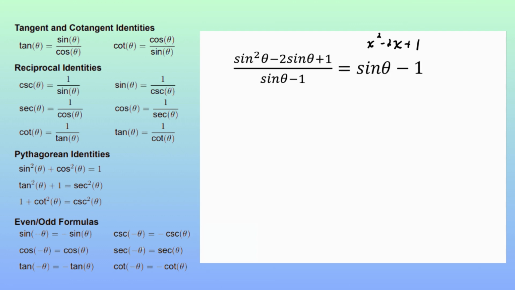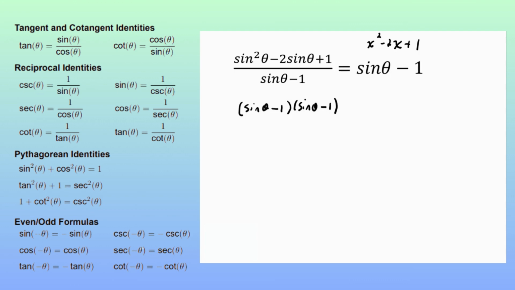Well, that would be x minus 1 times x minus 1. So the numerator in this case would be sine theta minus 1 times sine theta minus 1. So if you multiplied that out, you would get sine squared theta minus 2 sine theta plus 1.